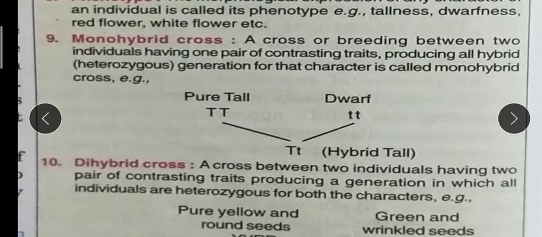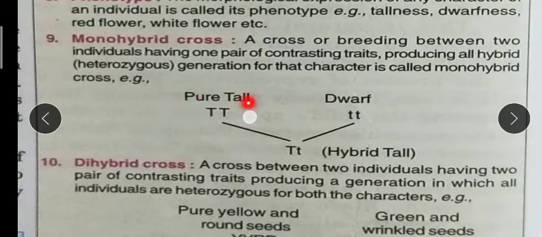So in this case, when we do the hybridization, what result will we get? We will get that all the plants will be hybrid. They are hybrid tall. All four will be hybrid when we do the Punnett square. So it produces an all-hybrid generation for that character, because all have the dominant tall gene, capital T. Remember that in the hybrid, heterozygous case, the dominant gene always rules.